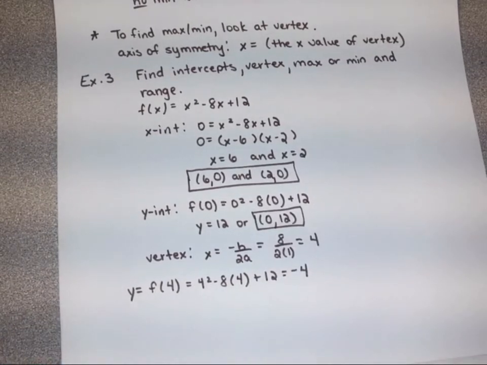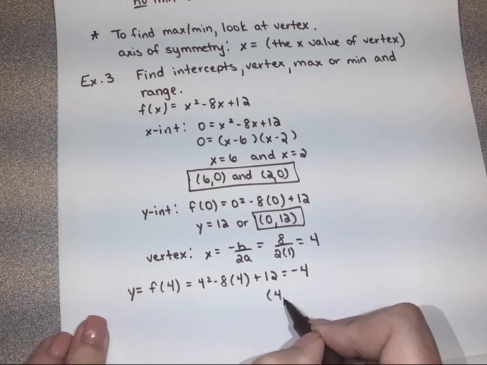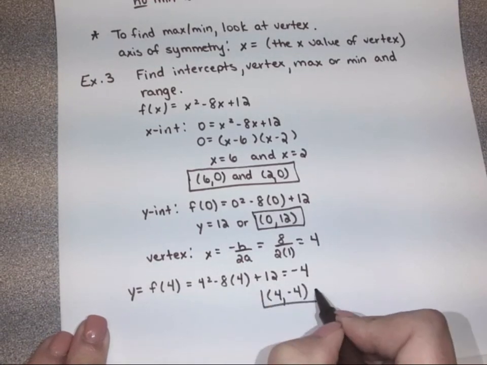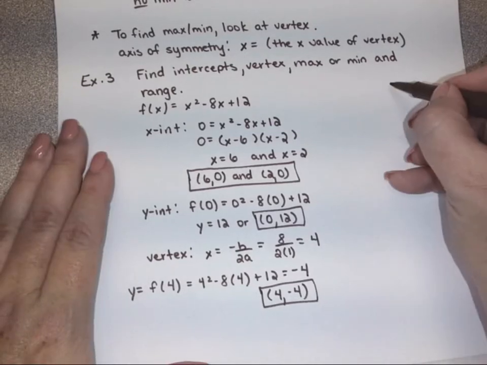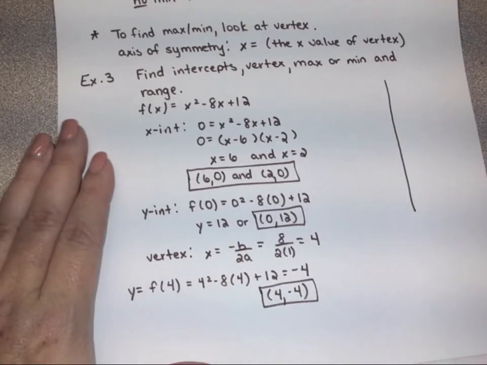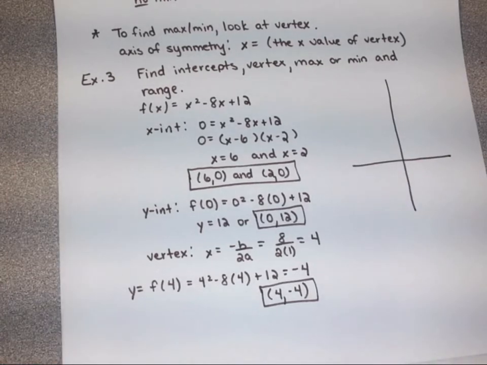You get negative 4. I'm confident you could plug that in the calculator, so I moved a little quicker on the answer for that one. So what would the vertex be written as then? (4, -4). So here is what the graph would be. Now notice I'm going to make the graph kind of heavy on the top because I need to go up to a y-intercept of 12.